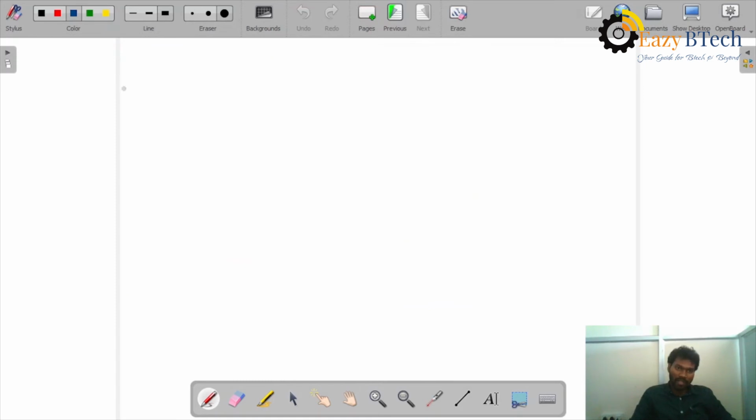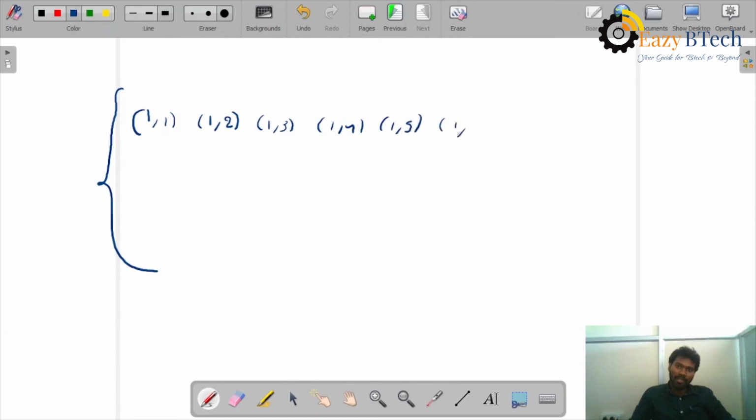Now I am going to tell you how the sample space looks. Suppose the dice are showing 1 comma 1, 1 comma 2, 1 comma 3, 1 comma 4, 1 comma 5, 1 comma 6. Here the first number indicates the first die and the second number indicates the second die.